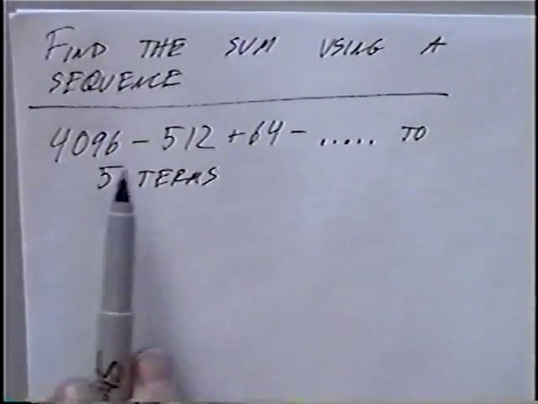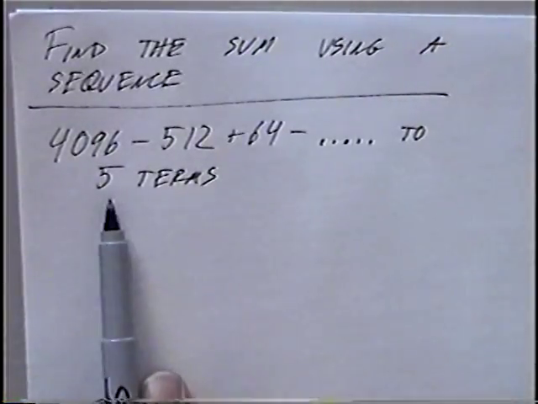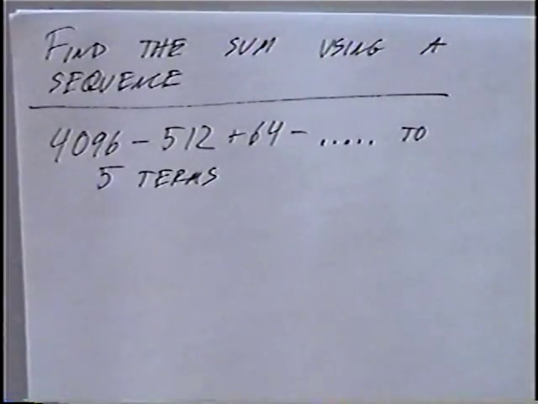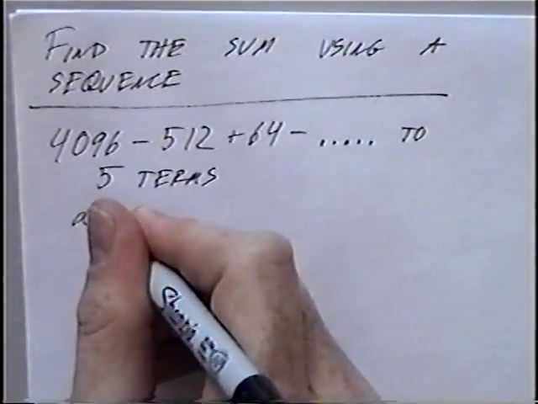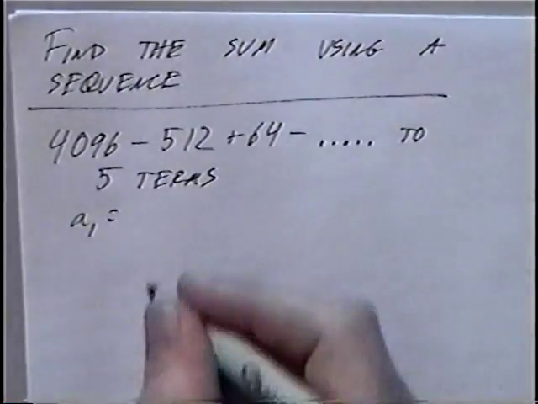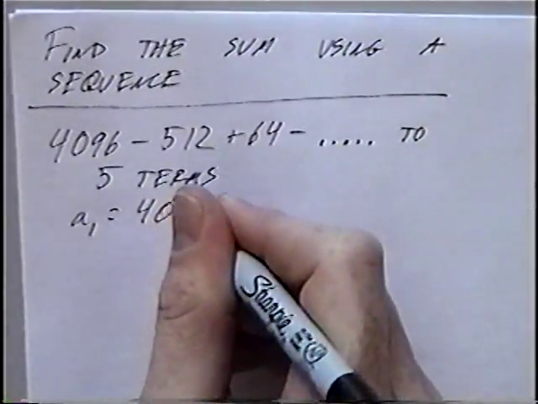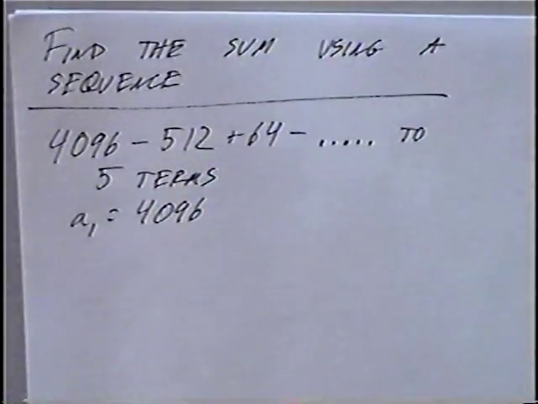So the first 3 numbers are given. We want to find the sum of the 5 terms for the sequence. Using the same formulas we just did, we can find A1, which is the first term. First term is the first number in the sequence, 4096.